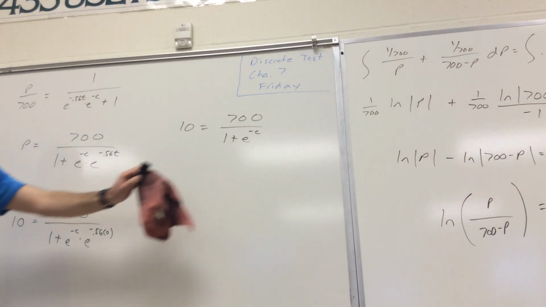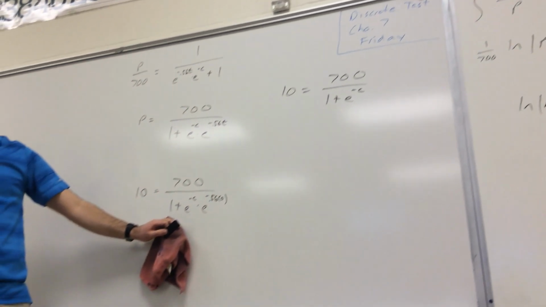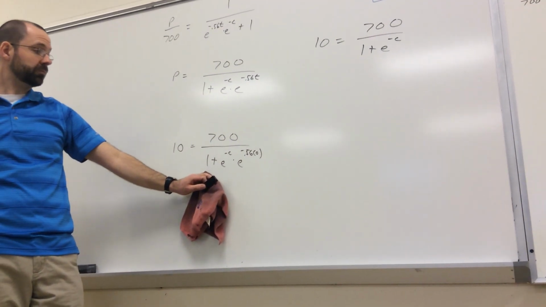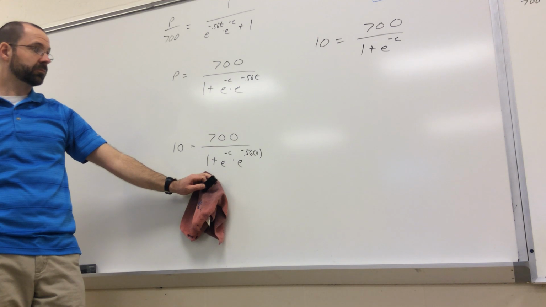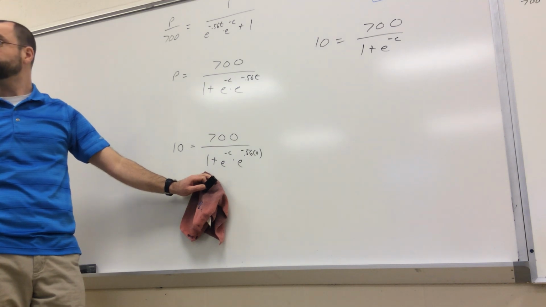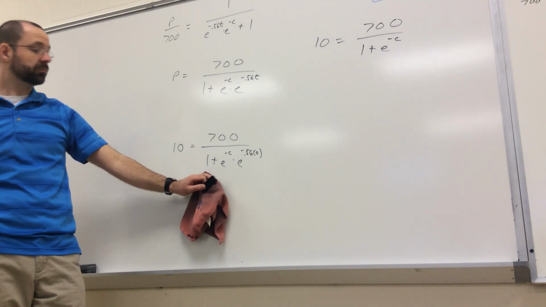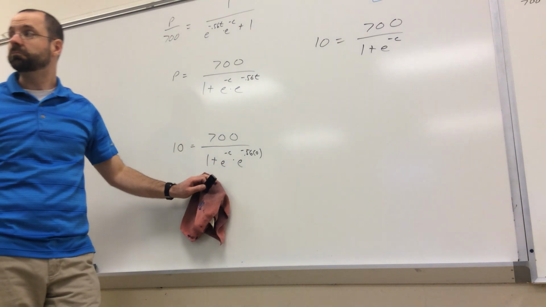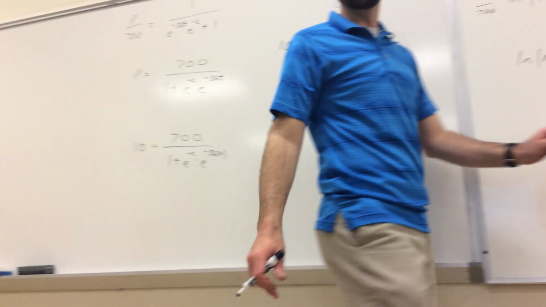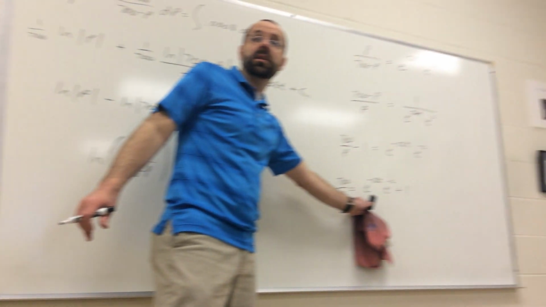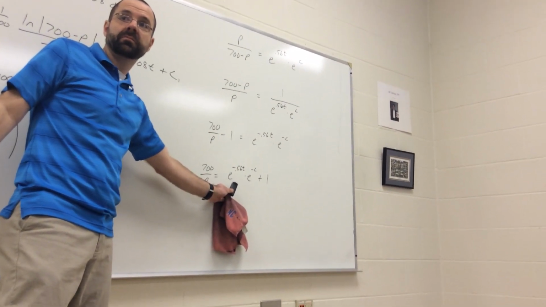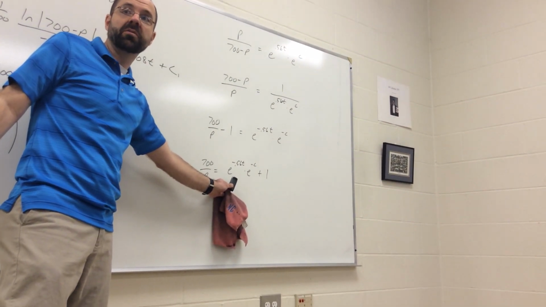Yes? I'm a little confused. When you've got the 700 over e to the negative exponent, I would just think that it would be a positive on the bottom, wouldn't it? A positive exponent for like negative 0.56. Why is it negative on the negative exponent? So it was negative here, and I flipped it. So it's 1 over that.